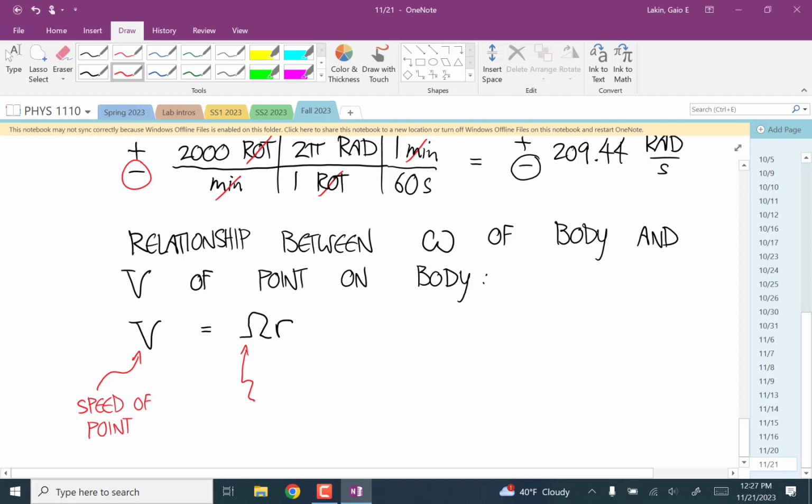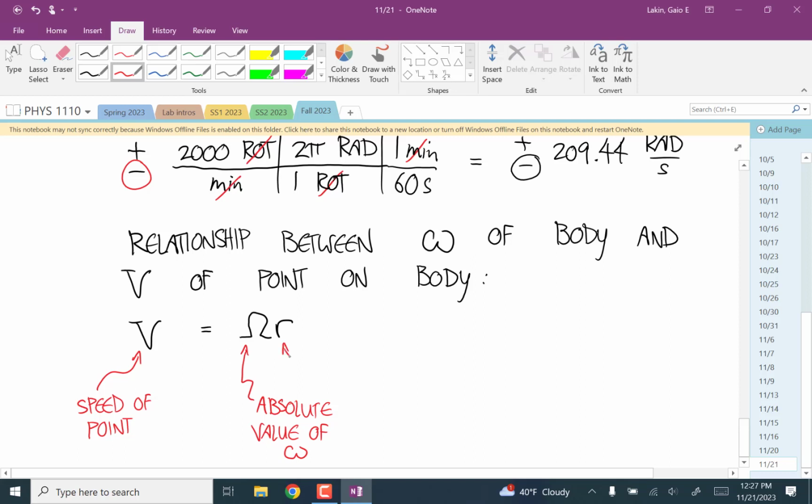This is a capital omega, and that's the absolute value of lowercase omega, of the angular velocity. So just drop the negative if it has a negative.